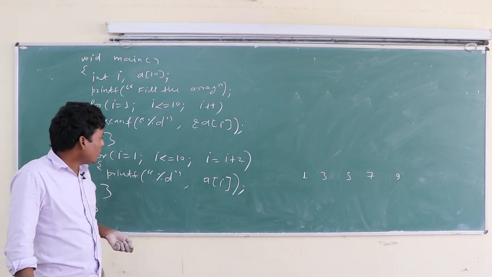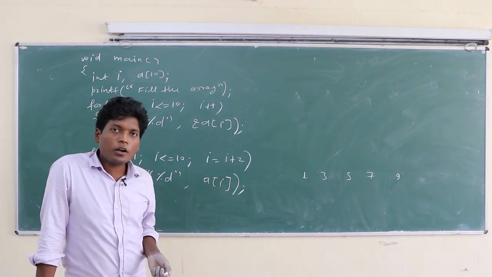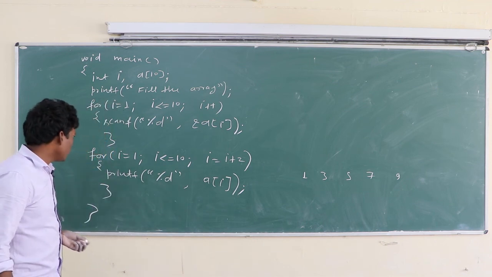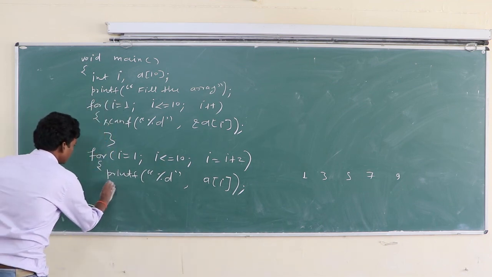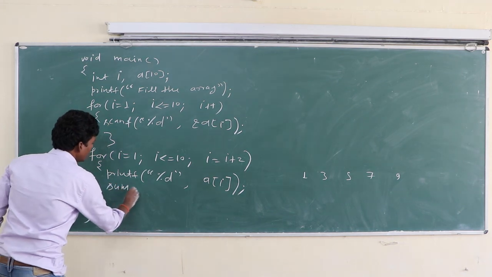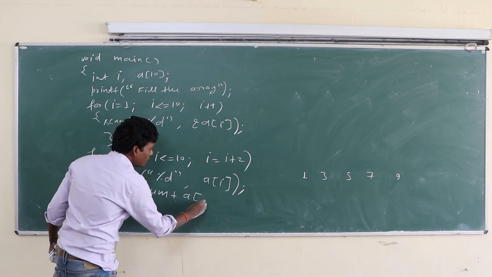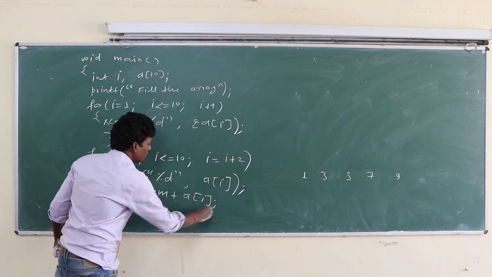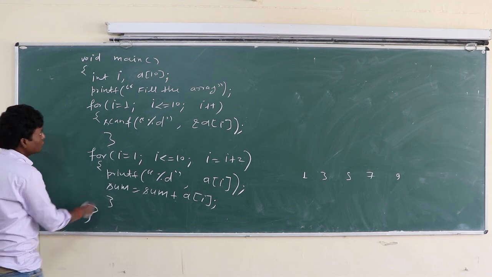Suppose another problem: write a program in C to sum the odd position elements. Then what will you do? Here you write sum equal to sum plus a of i. This is where the for loop closes, and main closes here.